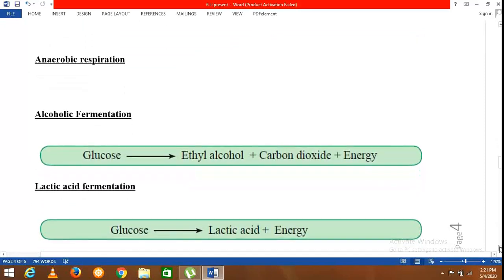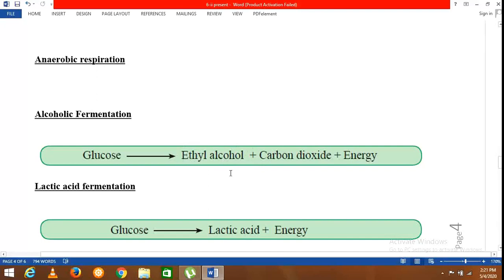During the anaerobic respiration in plant cells, glucose is converted into ethyl alcohol, carbon dioxide and energy. This is known as alcoholic fermentation. So alcoholic fermentation is the anaerobic respiration that takes place in plant cells. So yeast carries out anaerobic respiration during fermentation, and you can see ethyl alcohol is produced in that process.